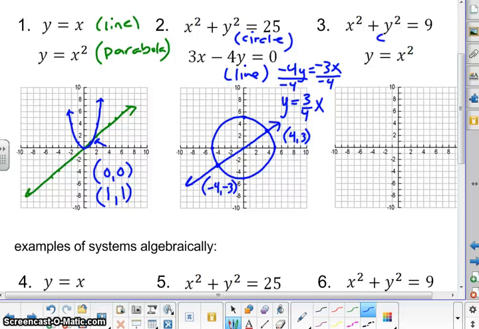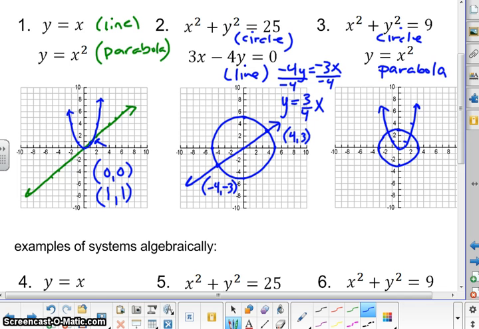We have another circle, and we have a parabola. If we're going to solve by graphing, you have 3 in every direction. So do your best circle. And then a parabola, we know goes up 1 over 1, up 2 over 4. And this one is not as nice as our last one.